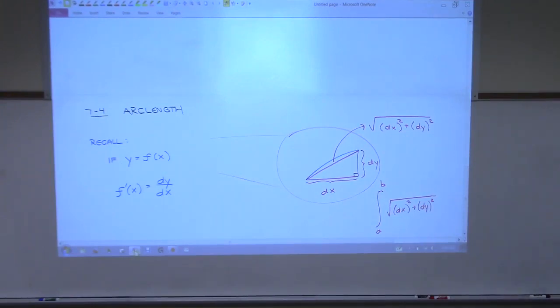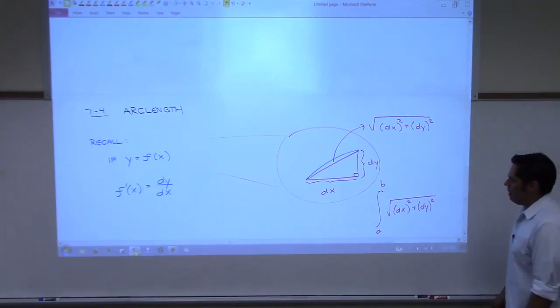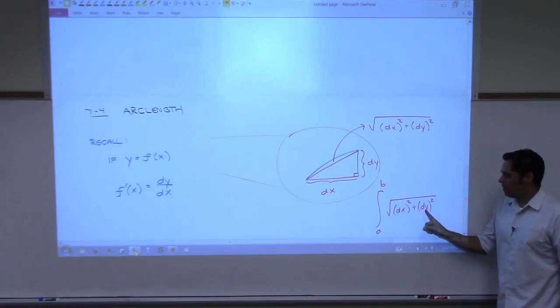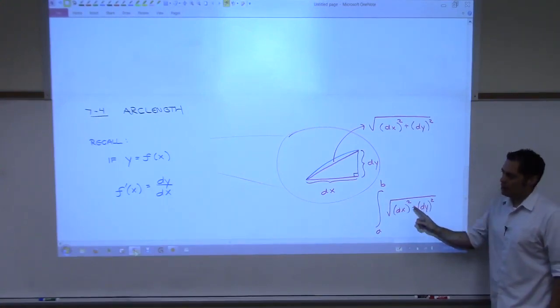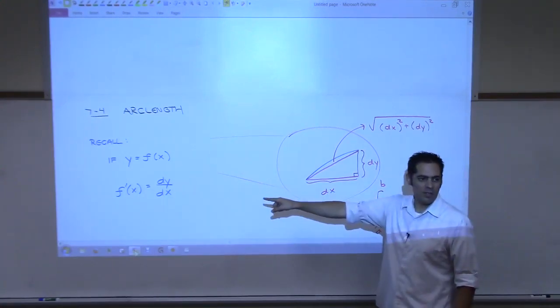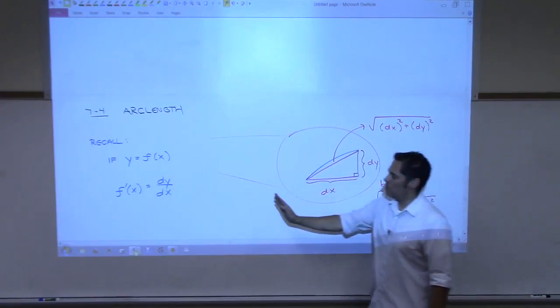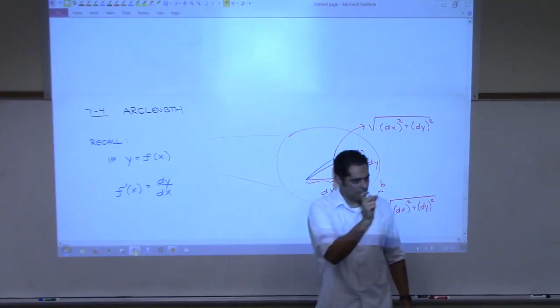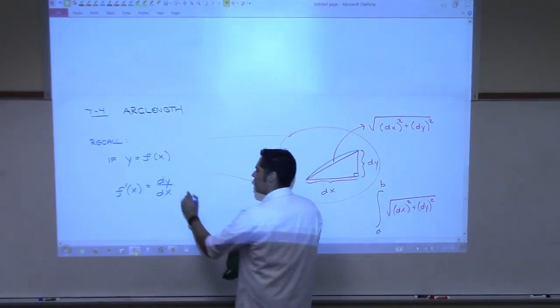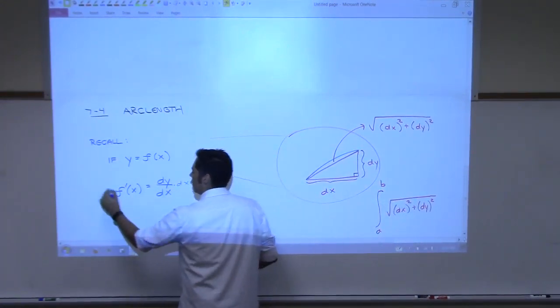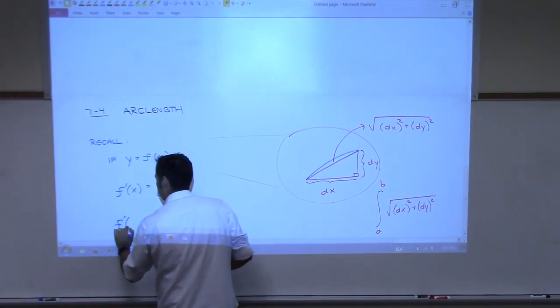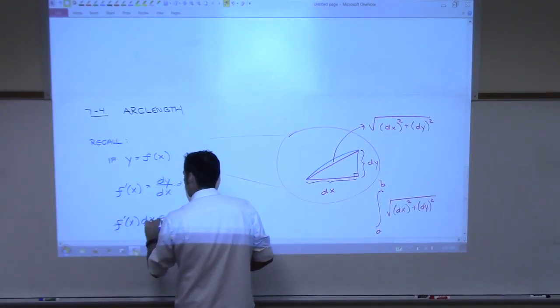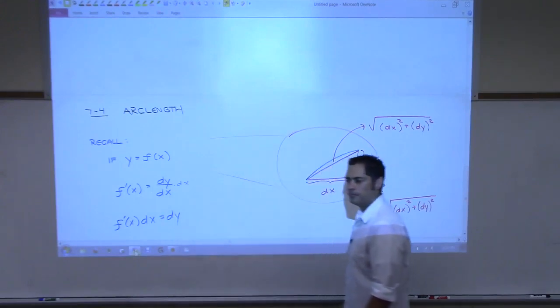I'm going to try and replace this dy right here. So I'd like for you to take that equation and solve it for dy. Just multiply both sides of this equation by this little dx, which we call the differential of x. So you'll get f prime of x dx equals dy, right?